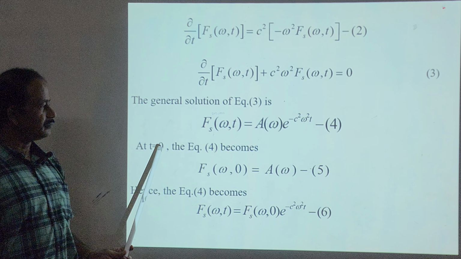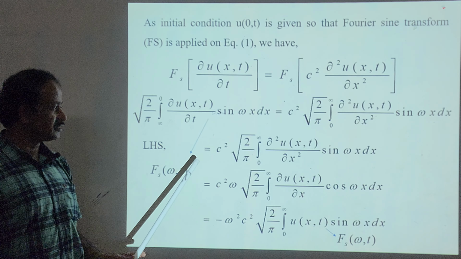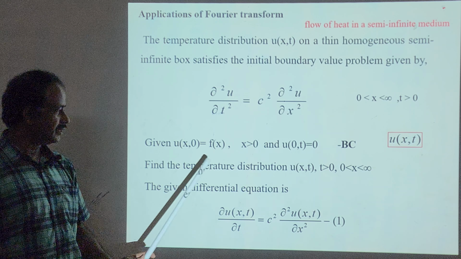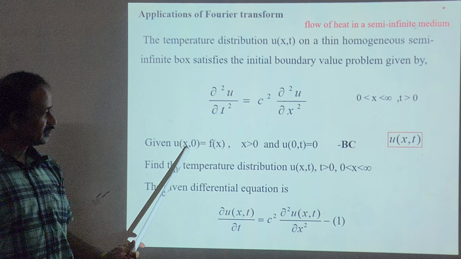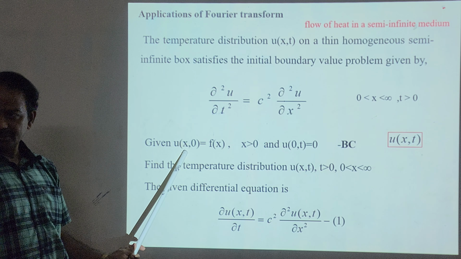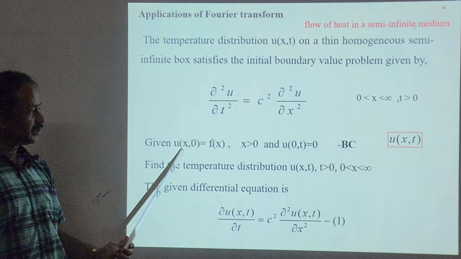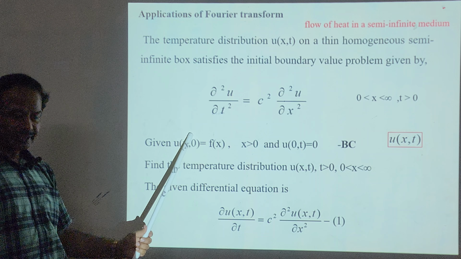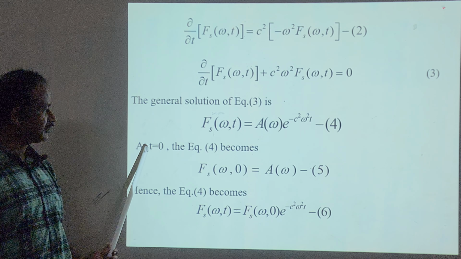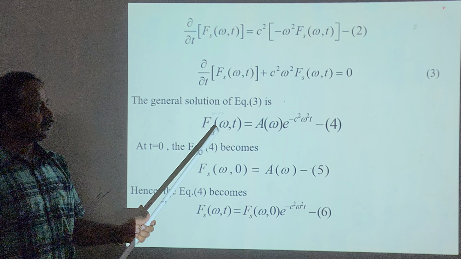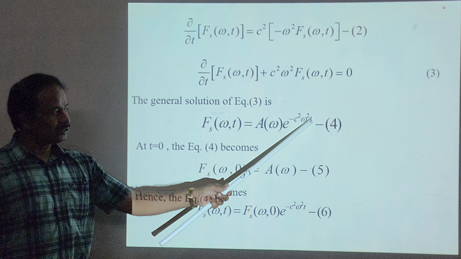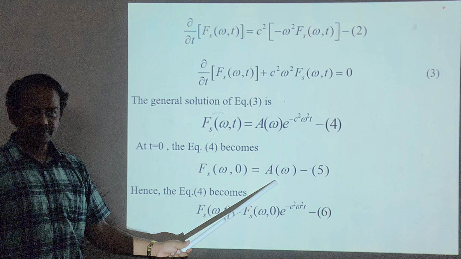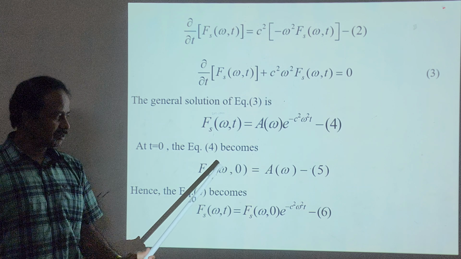Now at t equals 0. We have a lot of boundary conditions given earlier. See here, u of x comma t at t equal to 0 becomes f of x. Look at the boundary condition at t equals 0. The thermal distribution u, which depends on x and t, gives us one boundary condition. When t equals 0, F_s(omega, 0) is equal to, since the exponential becomes 1, the amplitude A(omega). So A(omega) can be written as this.